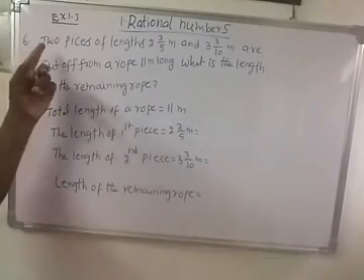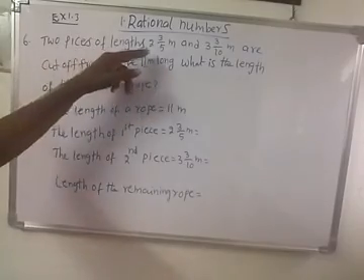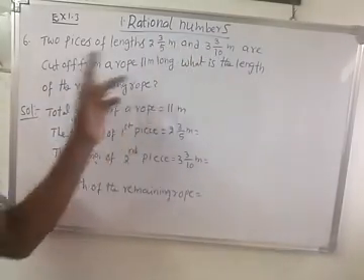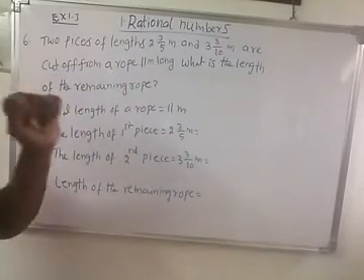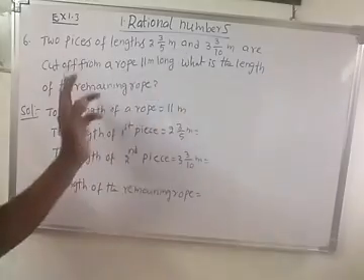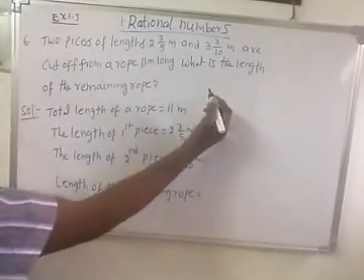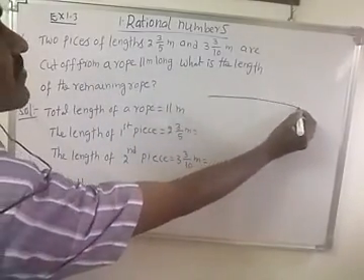Right. So the sixth problem is: two pieces of length 2 3 by 5 meters and 3 3 by 10 meters are cut off from a rope 11 meters long. So what is the length of the remaining rope? So the rope is how many meters? That is 11 meters.